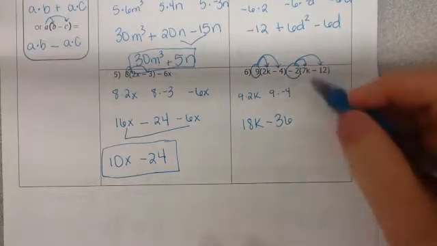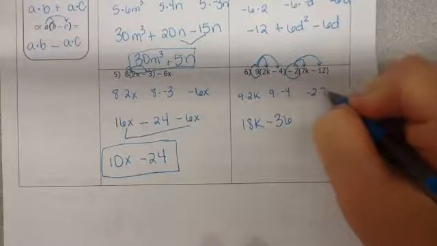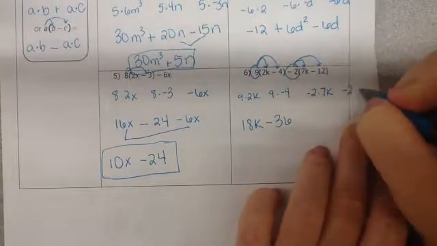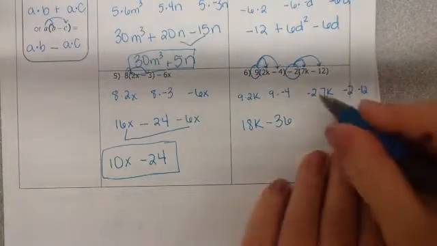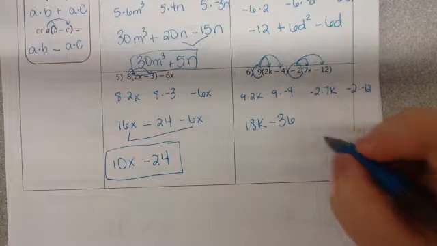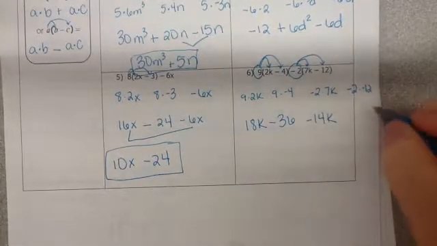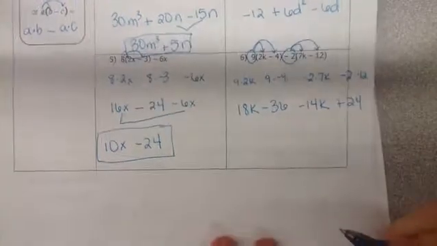That's our first one. What about our second? -2 times 7k and -2 times -12. What did you get from this one? -14k and +24. Be careful on your signs there.